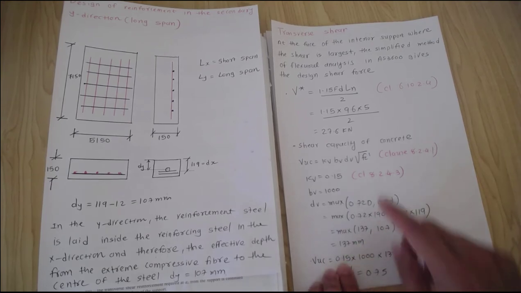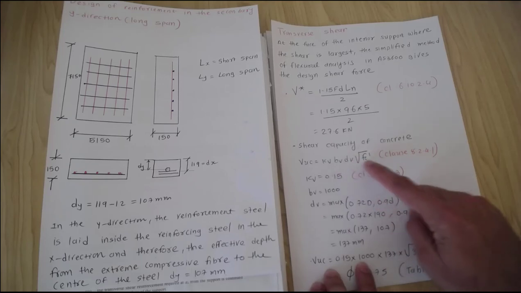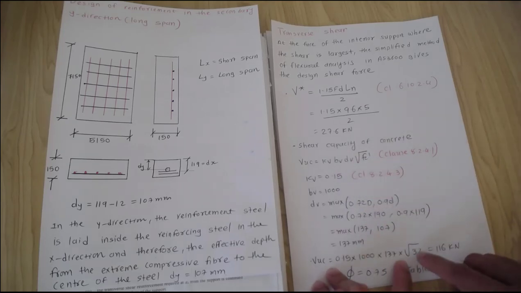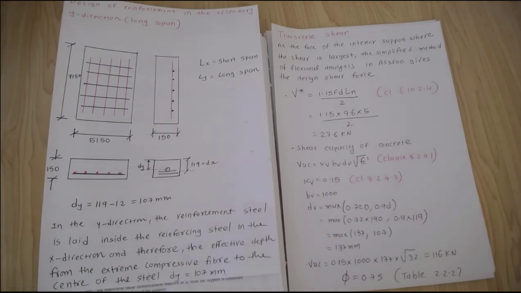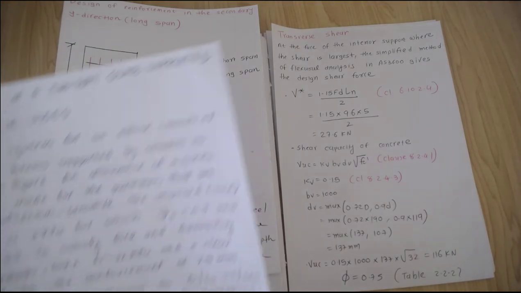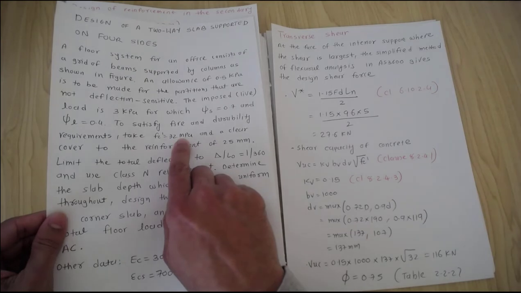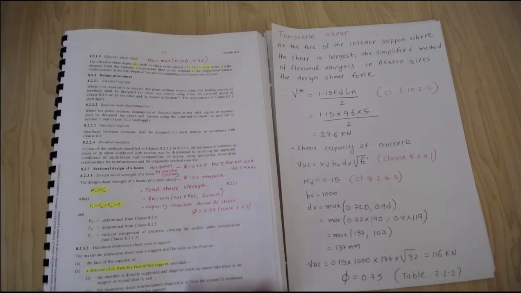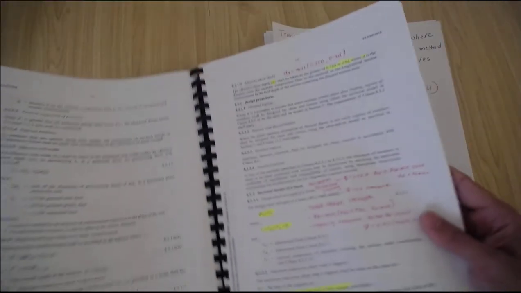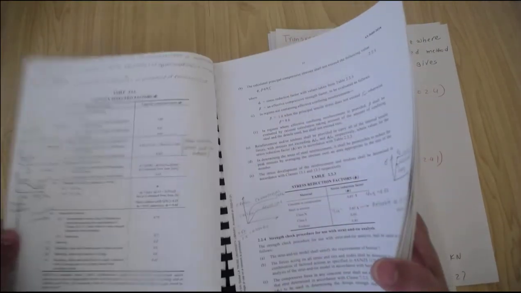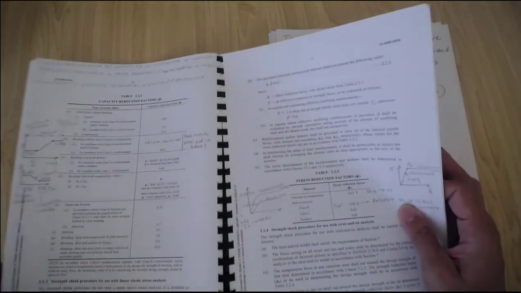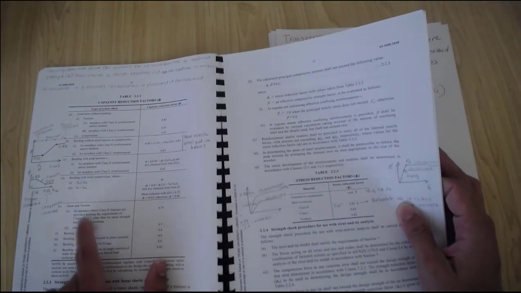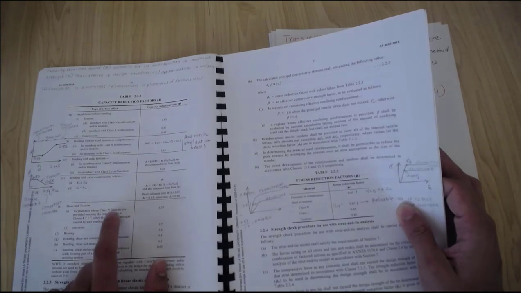If I substitute all the values: 0.15 here, 1000 here, 137 for dv, times the square root of 32. The question gives us the concrete compressive strength of 32 megapascals. Substituting here gives me 116 kilonewtons. The capacity factor 0.75 is given in table 2.2.2 at the front of the standards, for class and fitments.